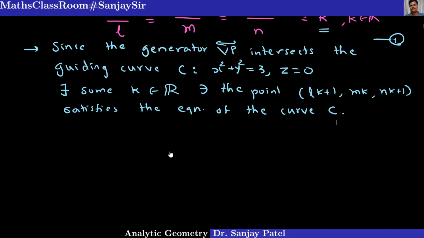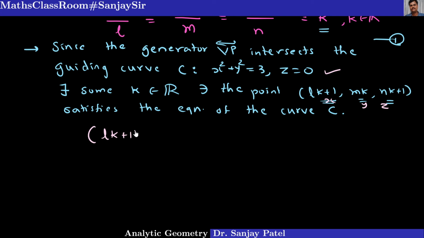So we can find some fixed k so that these three coordinates x, y, z also satisfy the equation of the curve. So we'll put the values of these x, y, z, which are the coordinates of the point on the line which is meeting the curve at the point Q, as I have explained earlier. So I can substitute here.